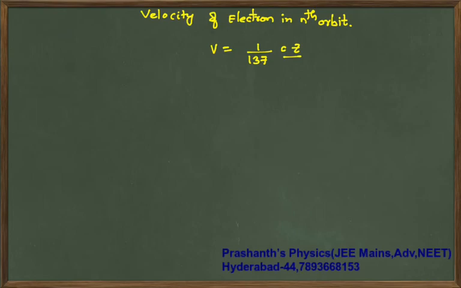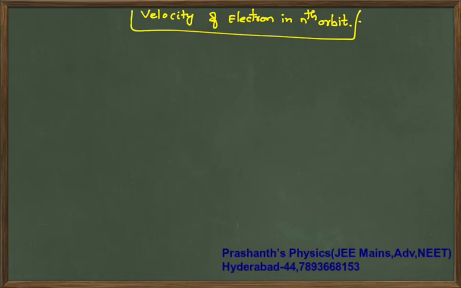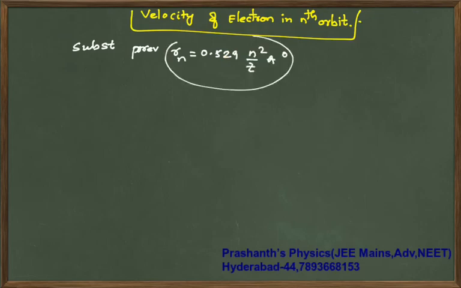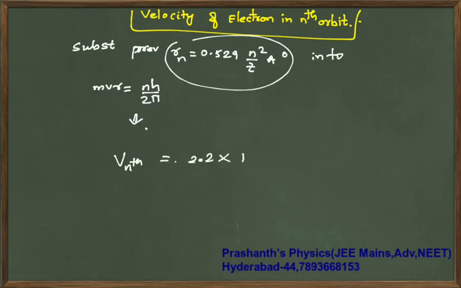You might get confused with the proportionality constant and all, but substitute the previous Rn, which is 0.529 n square by z Armstrong, into mvr equal to nh by 2 pi, and you will get vn, the velocity of electron in the nth orbit, as 2.2 into 10 power 6 z by n meters per second.